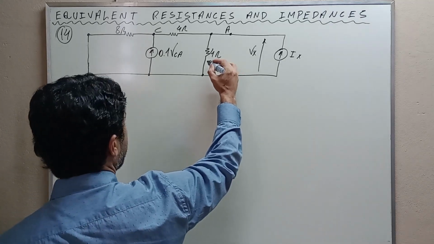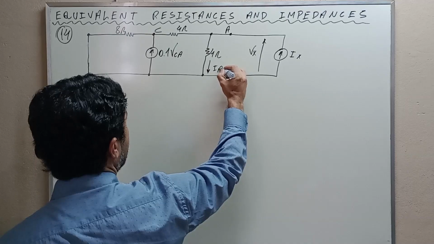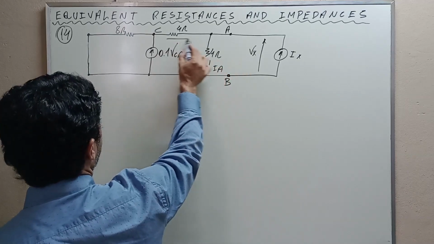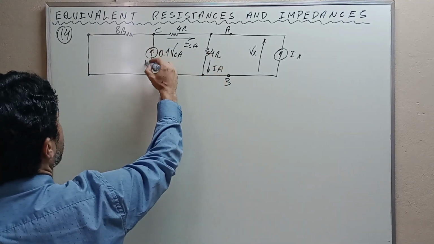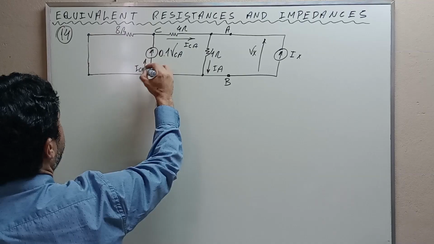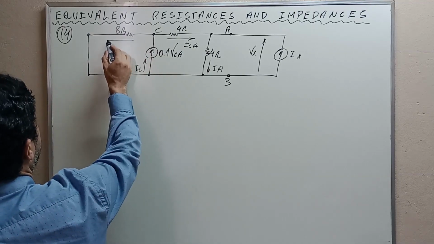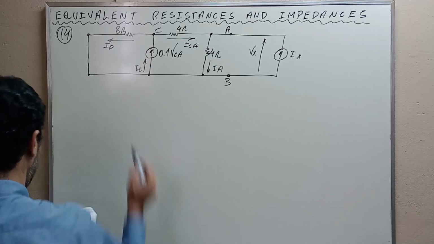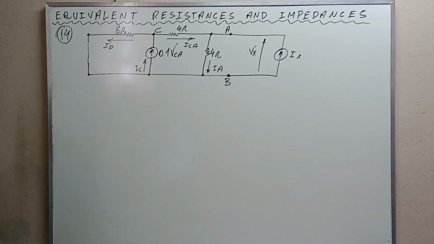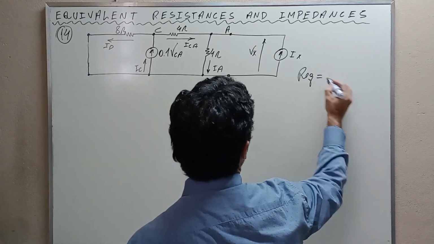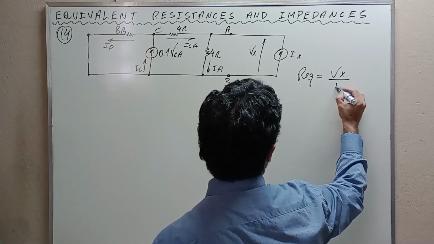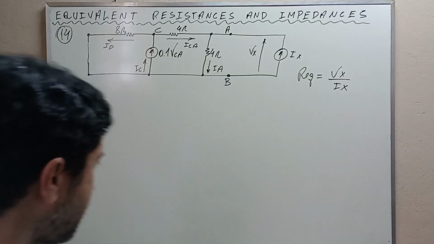I'll label this current IA, this will be ICA, this will be IC, and this ID. When we use the auxiliary source, the equivalent resistance is Vx over Ix.